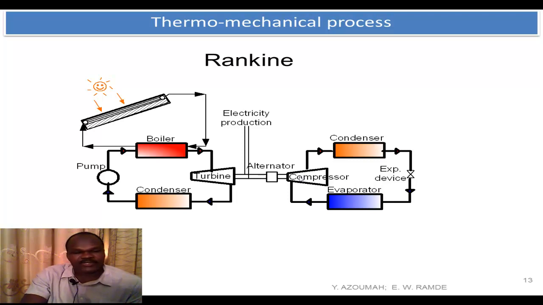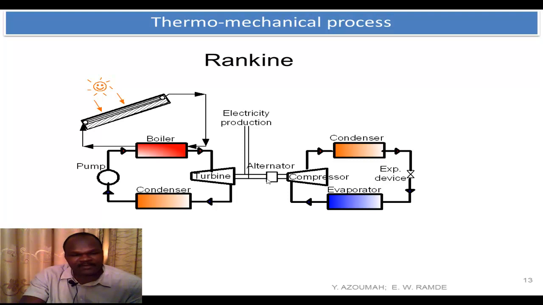So how do you turn the compressor? You use the heat from the sun through a normal steam cycle. Okay, you've got to get familiar with the steam cycles, to generate some mechanical work. And that mechanical work could be used to power the compressor.